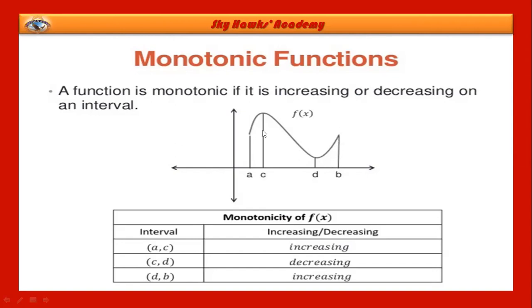Immediately you must see that on some interval it is increasing and on another interval it is decreasing, and then decreasing or increasing. This may continue several times. So you can say that's a monotonic function.